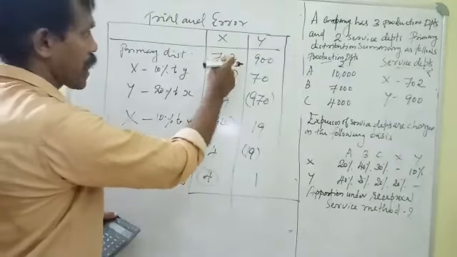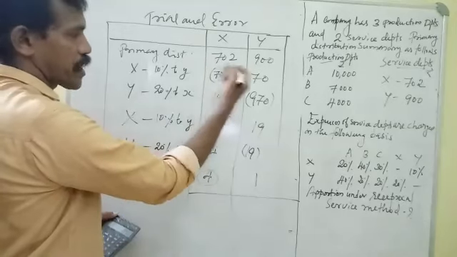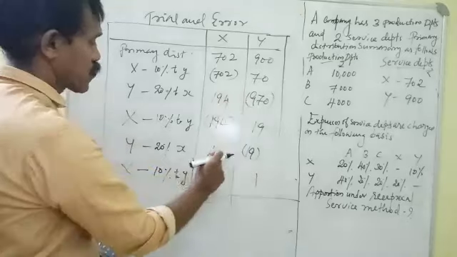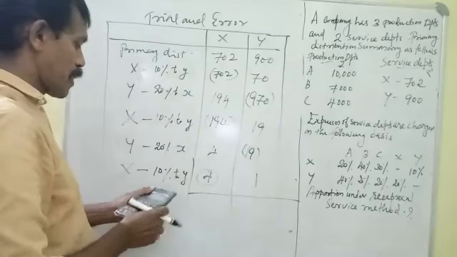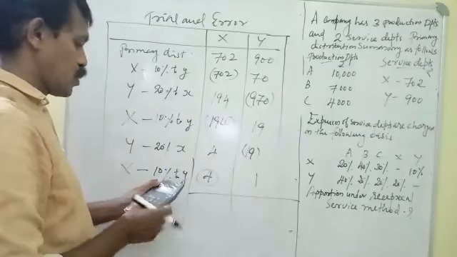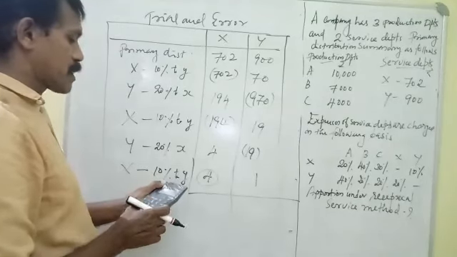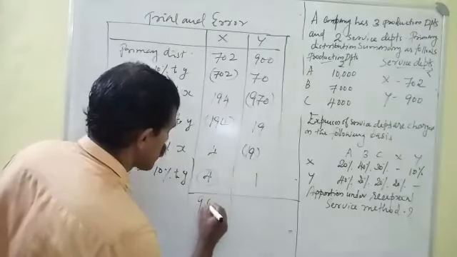We total the non-bracketed figures here. These bracketed figures we already allotted. Then 702 plus 194 plus 4 is actually the total overhead of X, which is equal to 900.